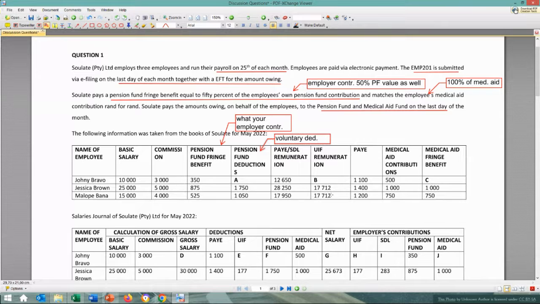Okay, so if they ask you, for example, to work out Jessica or Malope's, you would cap it if it is more than the 17,712 rand. Okay, number C, so pay as you earn is what is also deducted. Medical aid contributions is our voluntary contribution or voluntary deduction. Let's just type here voluntary deduction.